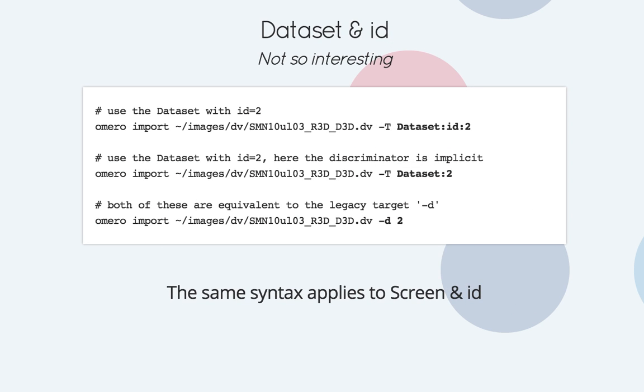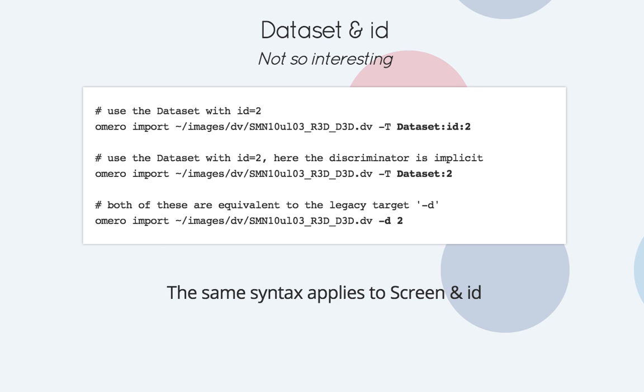So dataset and ID, this is a not so interesting case. In order to import this image into the dataset with ID 2, we specify dataset:ID:2 as our import target. Because for dataset the ID is implicit, we can just reduce that to dataset:2, which is a form that we use across the CLI for basically outputting the creation of objects.